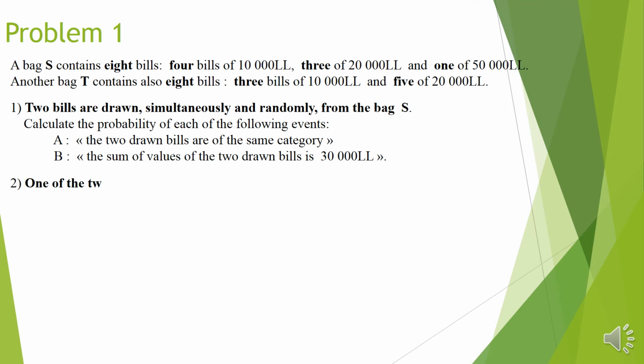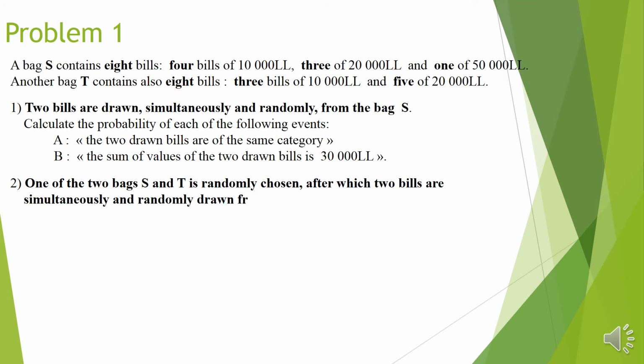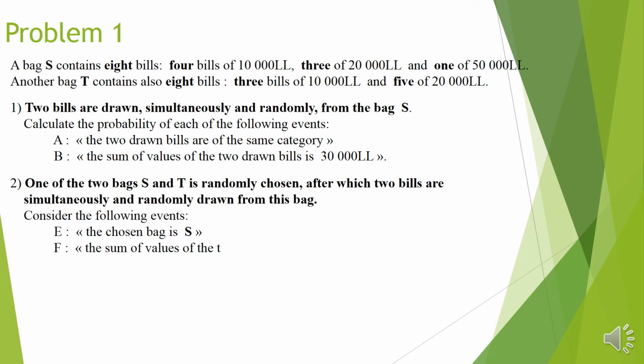In the second question, different from the first, we select one of the two bags. First we chose one of the two bags, the first or the second. So we choose one of the two bags randomly.